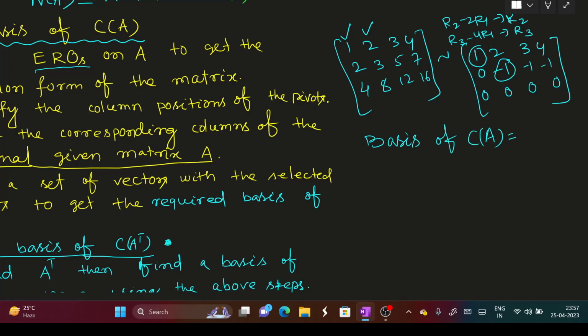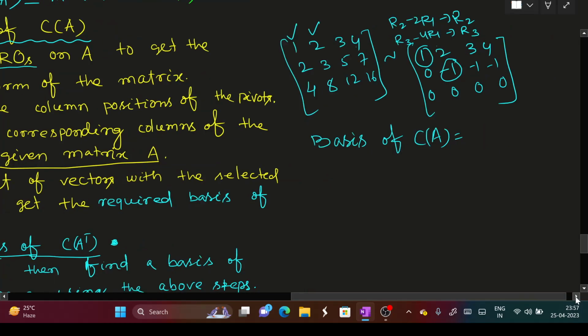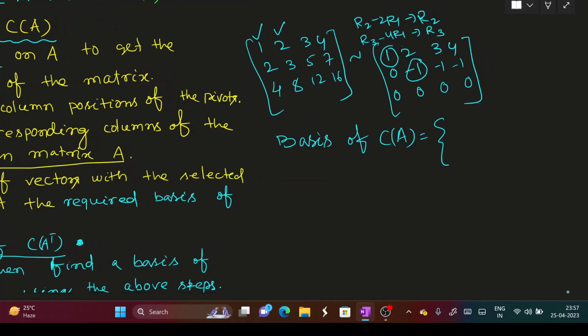I will write it as a set of vectors in curly brackets: (1, 2, 4), (2, 3, 8). So there is no issue at all. The next question is, what about the dimension? Here two pivots are there, that means the rank is 2.